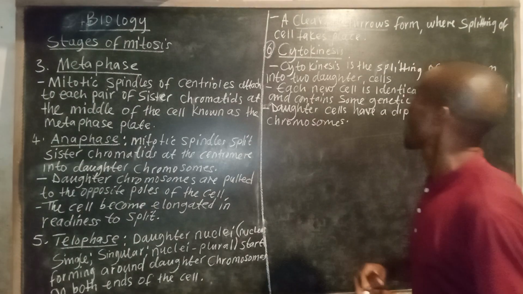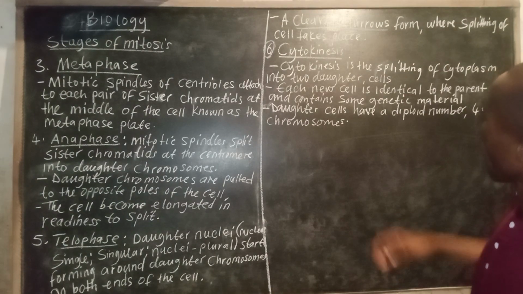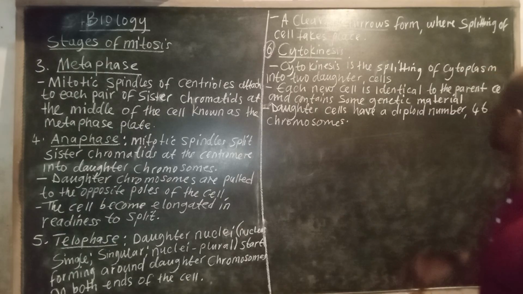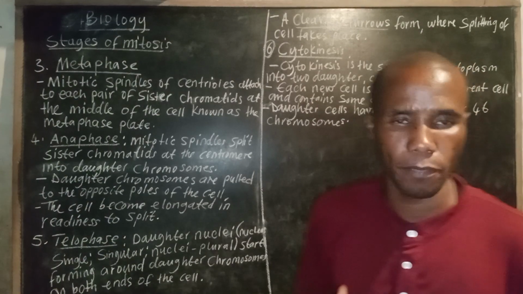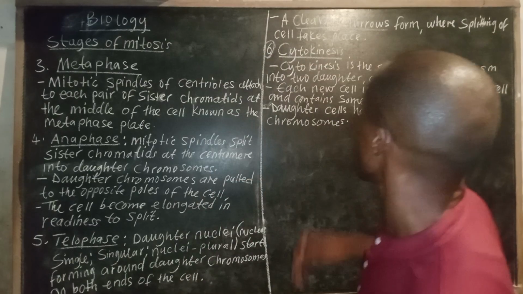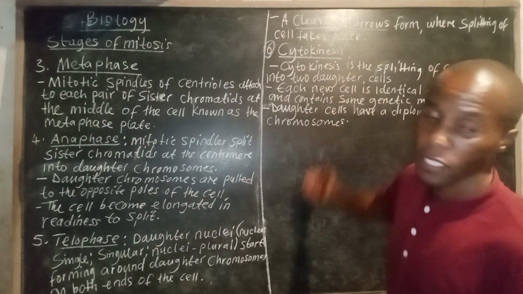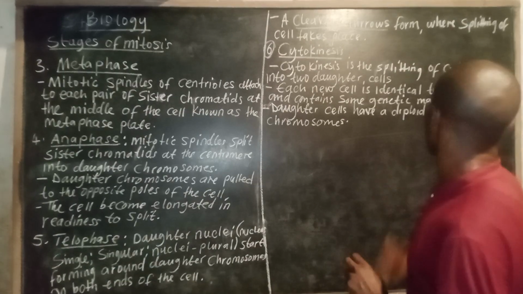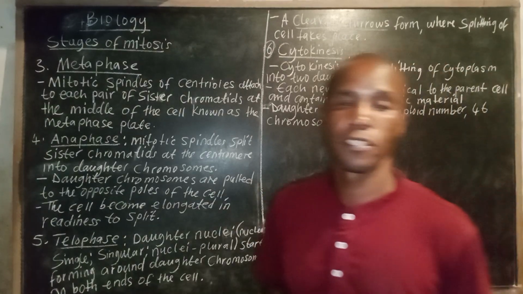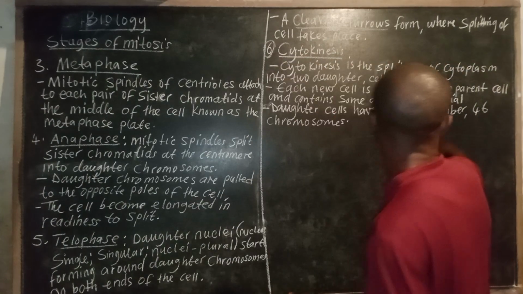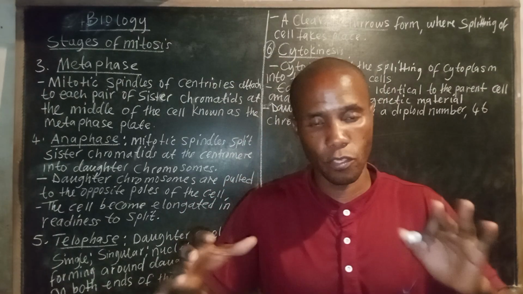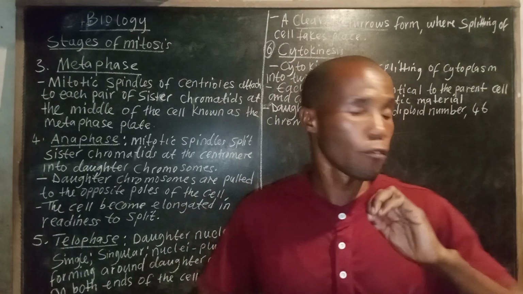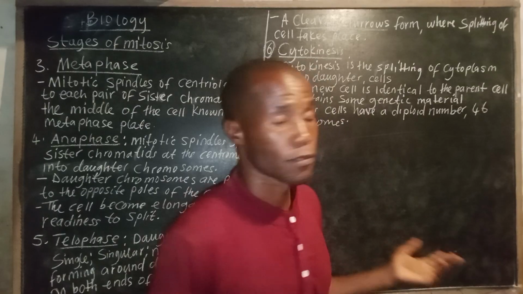Then the last point under cytokinesis is daughter cells have a diploid number, which is 46 chromosomes. This is what I said in the first place, if you can remember, that under mitosis, the number of chromosomes of each daughter cell is maintained, which is what? 46 chromosomes. Okay, so each daughter cell contains 46 chromosomes.